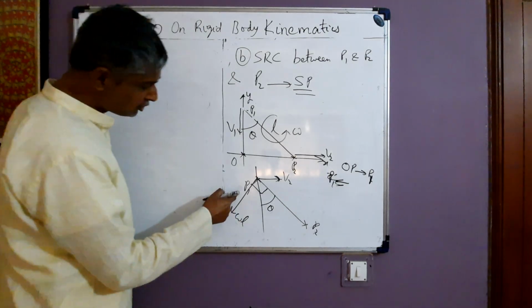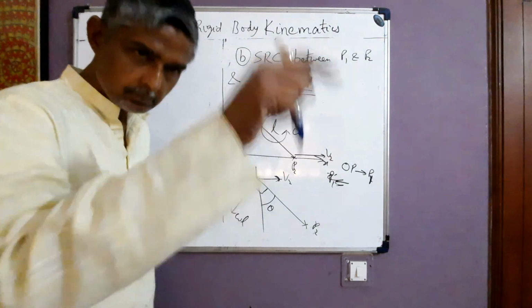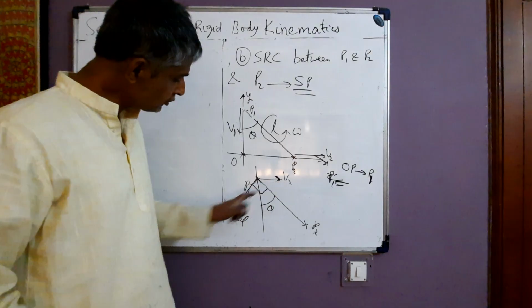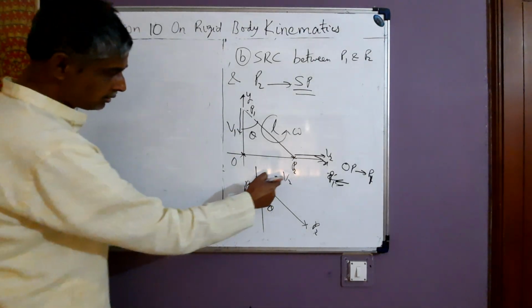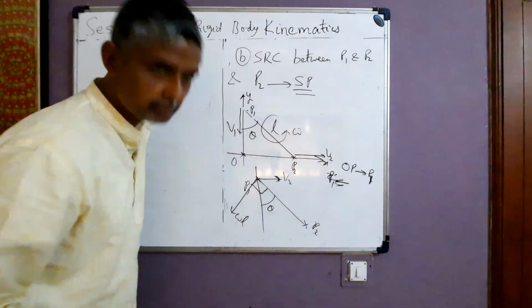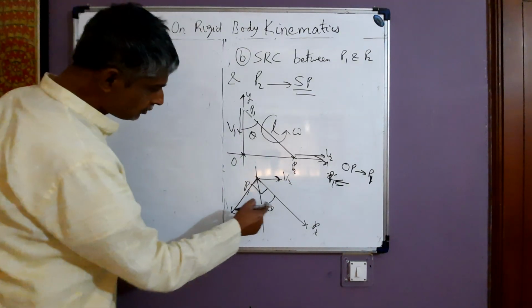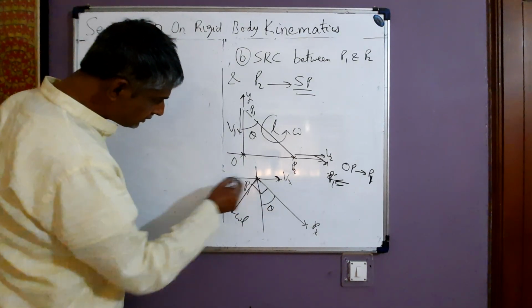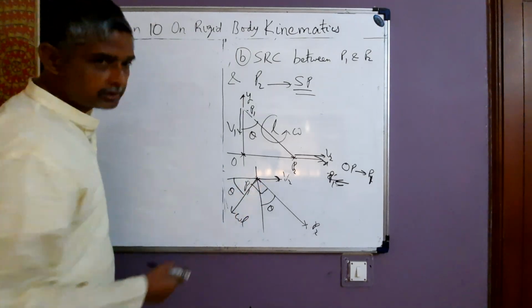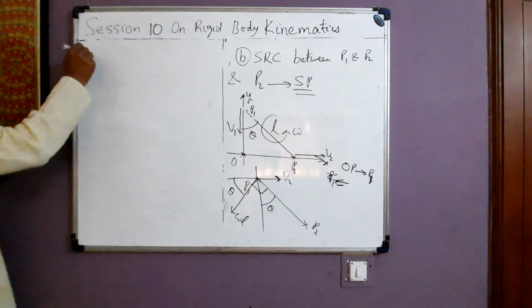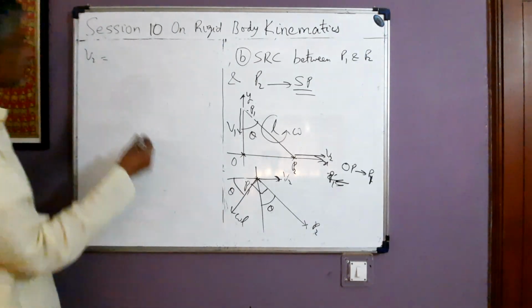But we know velocity of P1 is V1 in downward direction. So the resultant of these two is just V1 downward. So the components of these two in the horizontal direction should cancel. This is theta, this is 90 minus theta, this angle will also be theta. So in this direction, the components should cancel out, so V2 should just be equal to omega L cos theta.